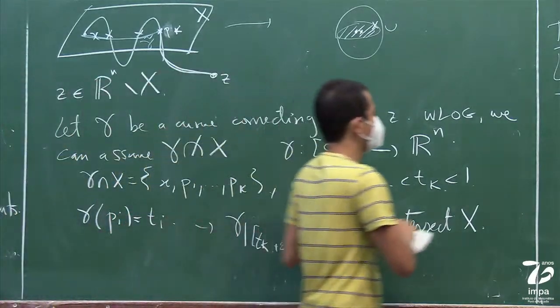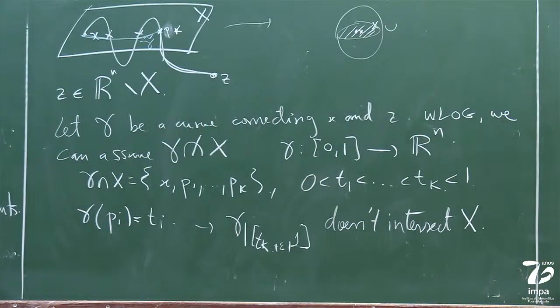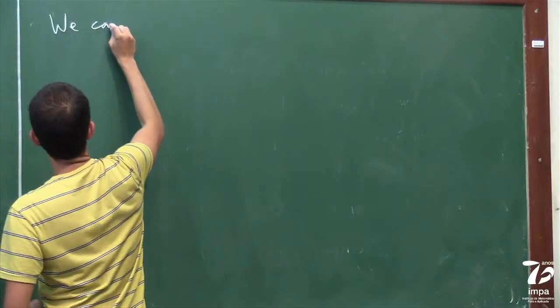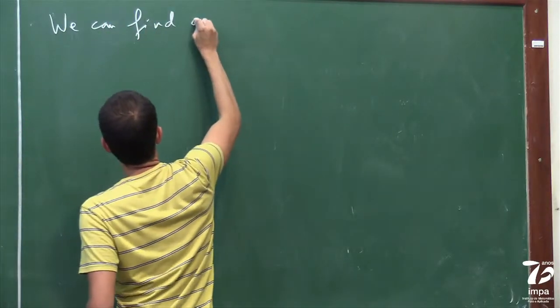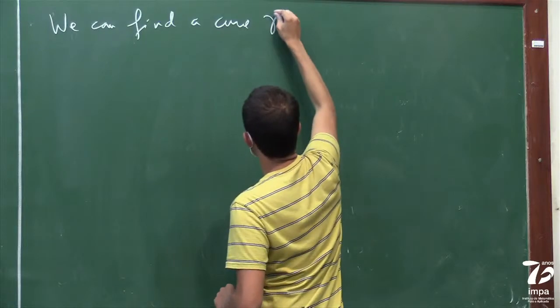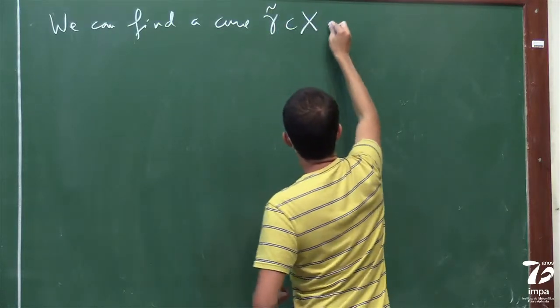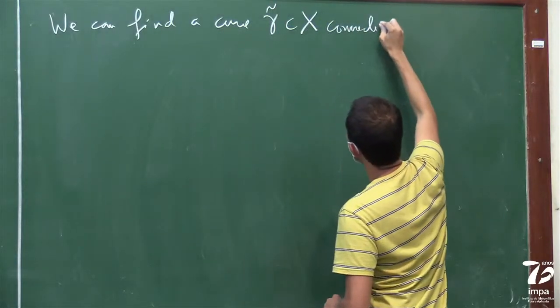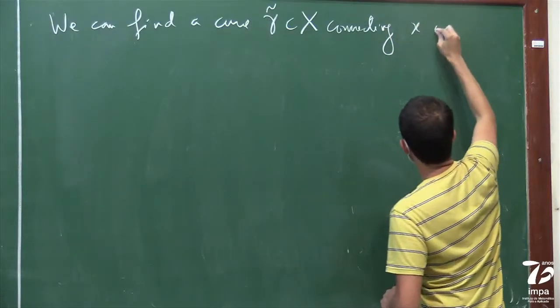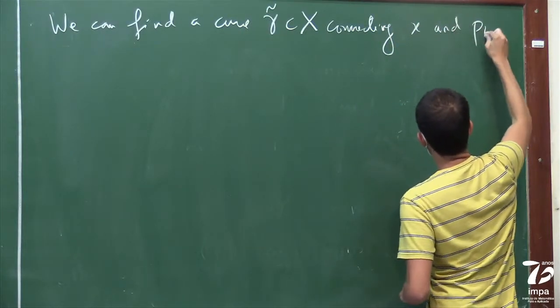So we can find a curve gamma tilde inside of x connecting x and pk.